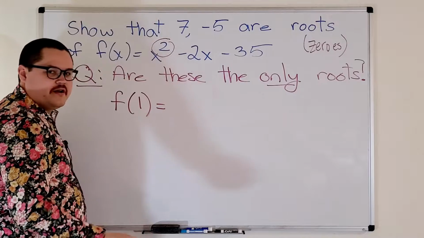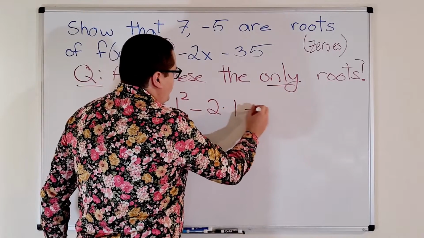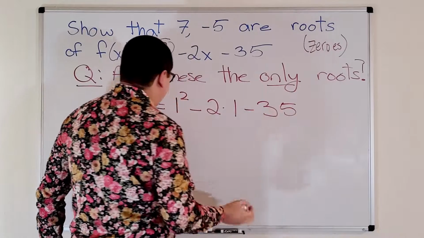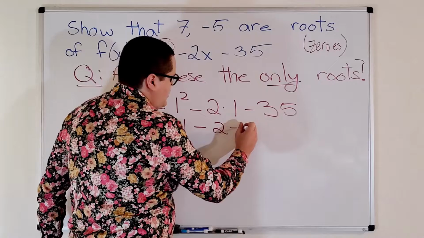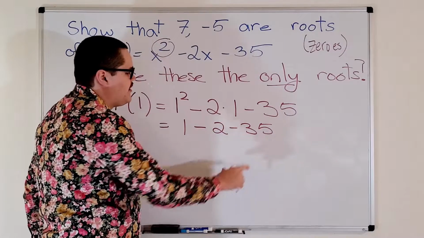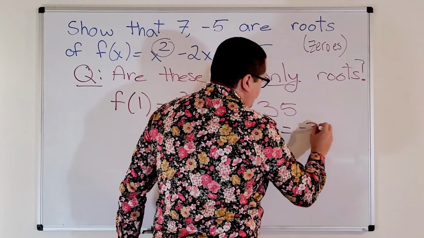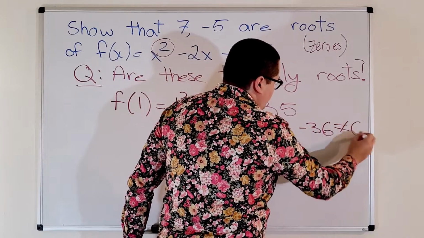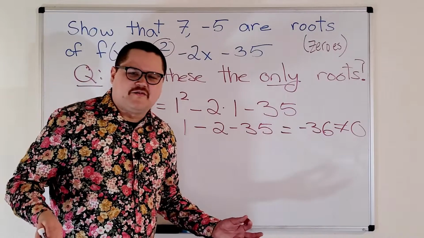So f of 1 is 1 squared minus 2 times 1 minus 35. That's 1 minus 2 minus 35. So 1 minus 2 is negative 1. Minus 35 is negative 36. Well, that's not 0.